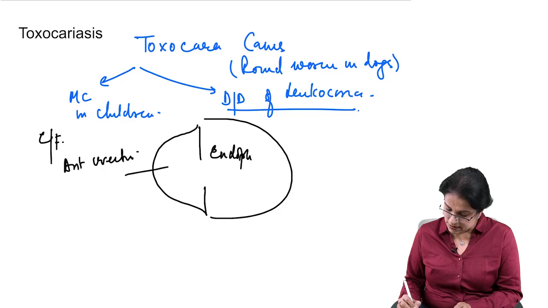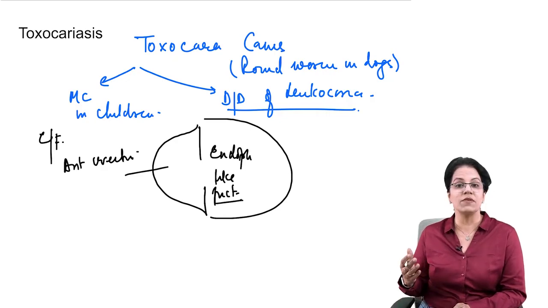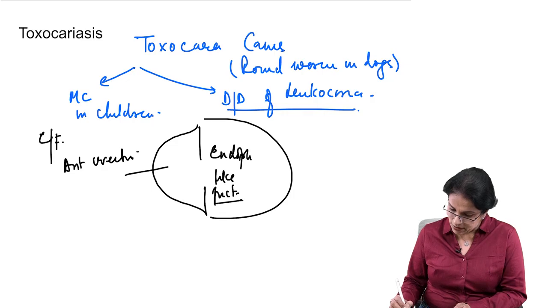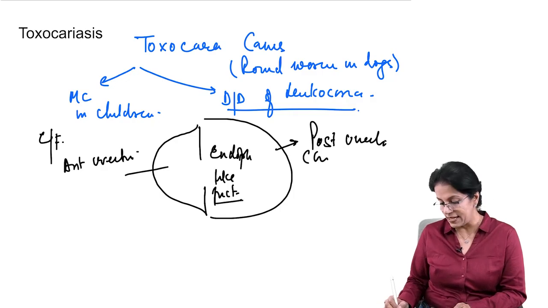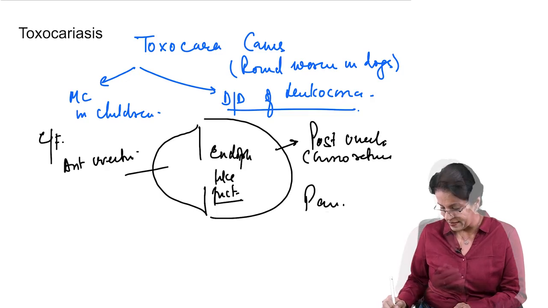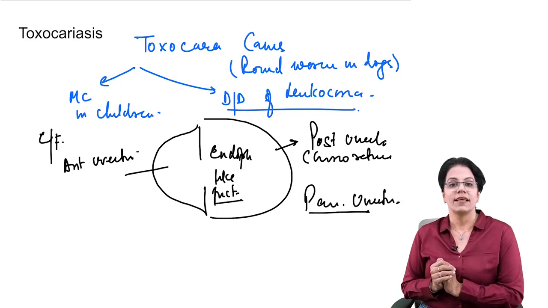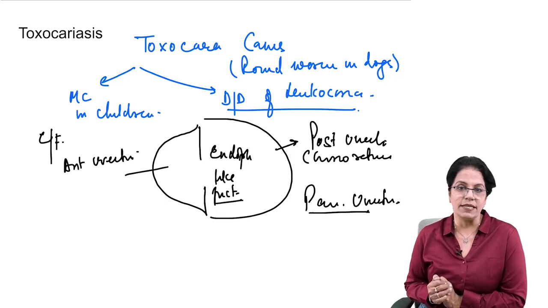And because of this, you are getting leukocoria. And sometimes also the child can present with strabismus. And of course, posterior uveitis or chorioretinitis. So, actually, if you see here, this is a panuveitis. Okay. So, treatment again is albendazole or mebendazole.